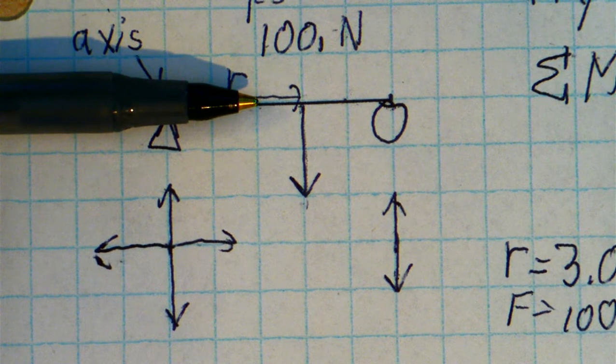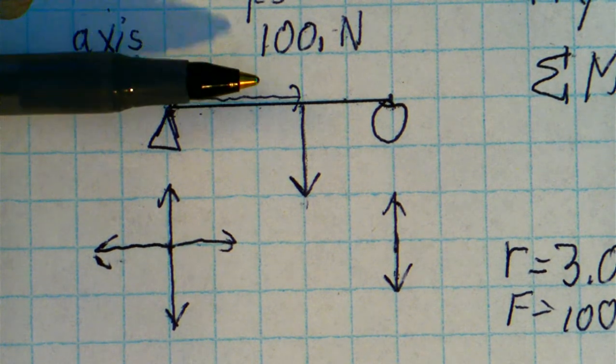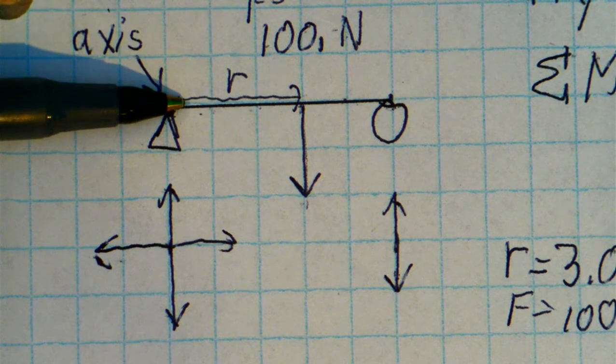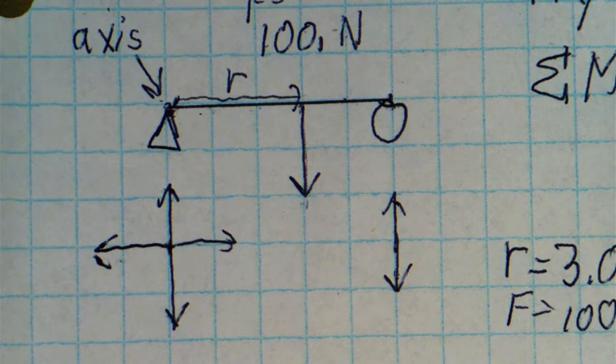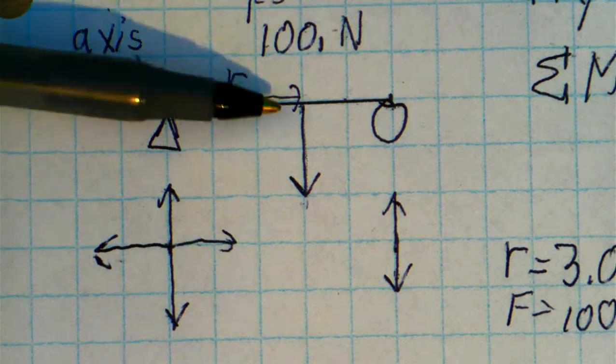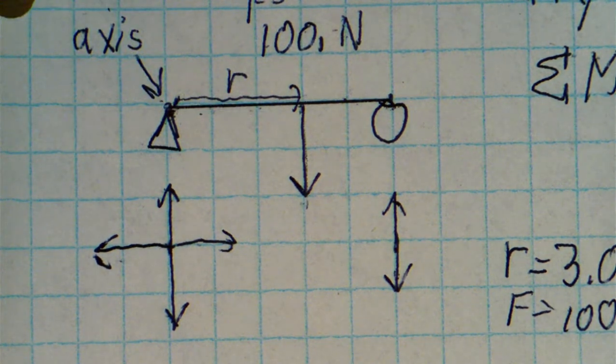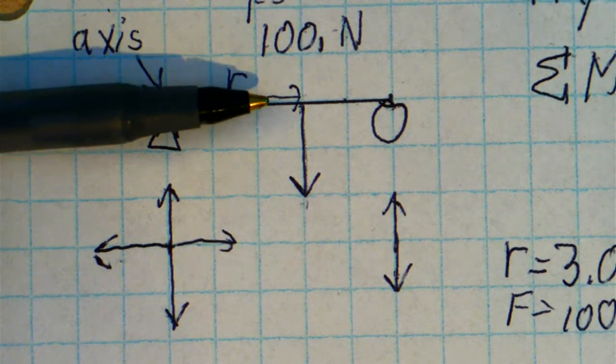In this particular drawing, R happens to go along the positive x-axis. That's just coincidence. We don't care what the direction is of the positive x-axis. What we really care about is what is the direction of R.